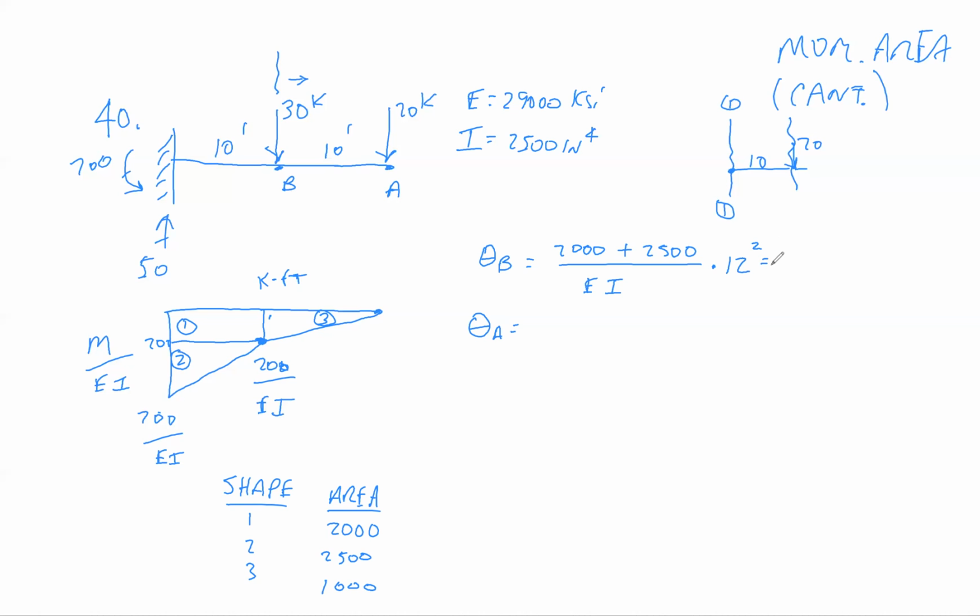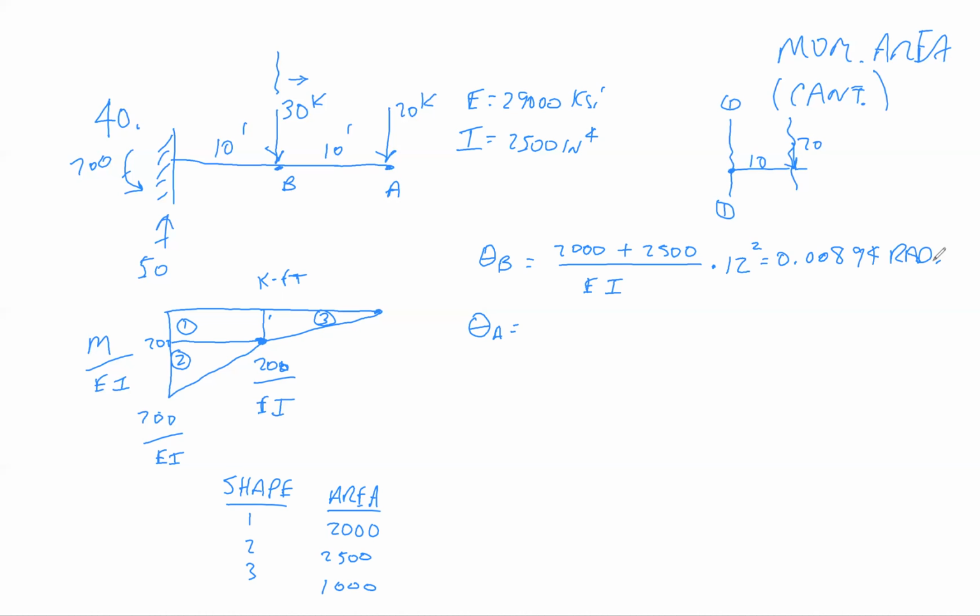So we have 4,500 divided by 29,000, divided by 2,500, times 144, which is 12 squared, and we get a value of 0.00894, in radians.